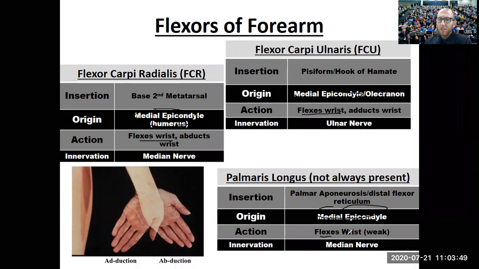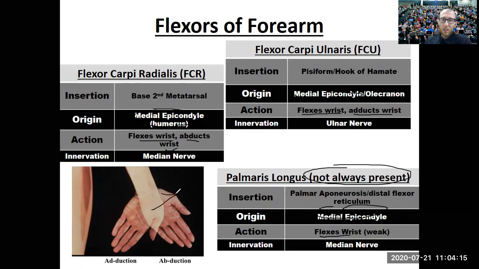and the palmaris longus, like we said, is more spare parts if you have a Tommy John surgery or something like that. But it doesn't really do much, and it's not always present. But do know that one. The other two have opposite actions secondarily. So the radialis on the radial side abducts.